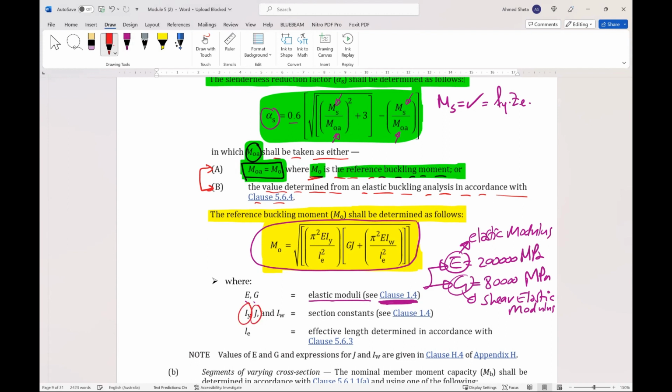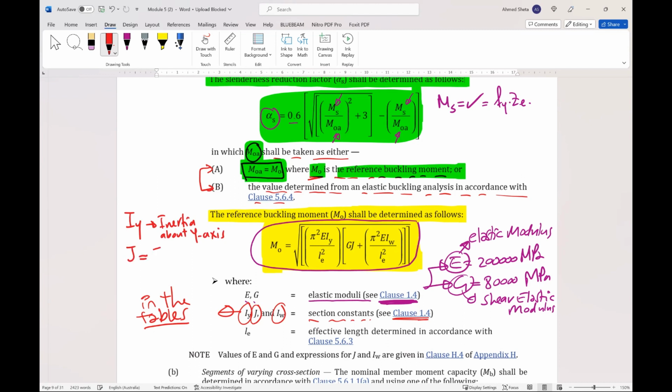Iy, J, and Iw are section constants, also from clause 1. These can be found in the design capacity tables, where Iy is the inertia about the Y axis.